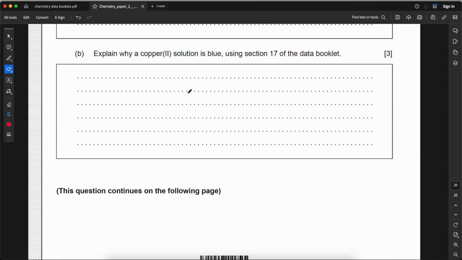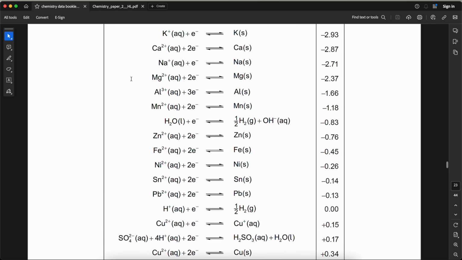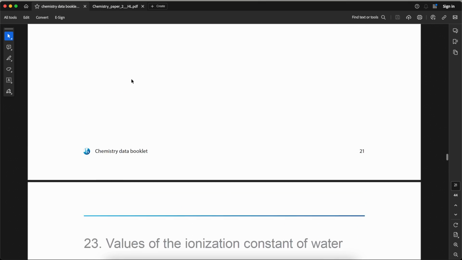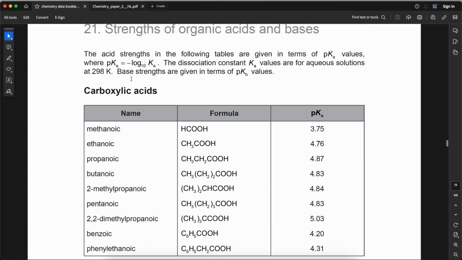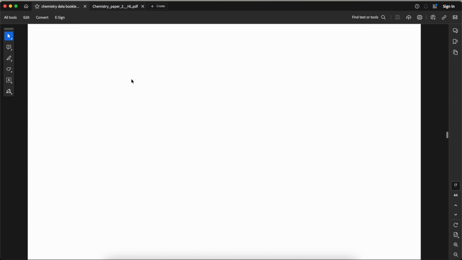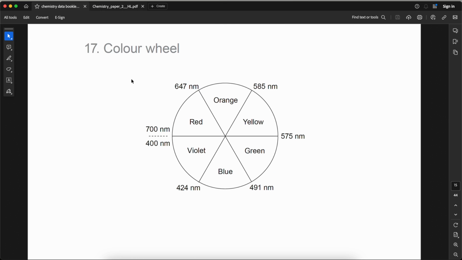Explain why a copper(II) solution is blue using section 17. In section 17, you can see the color wheel.